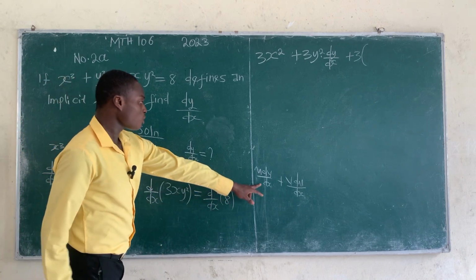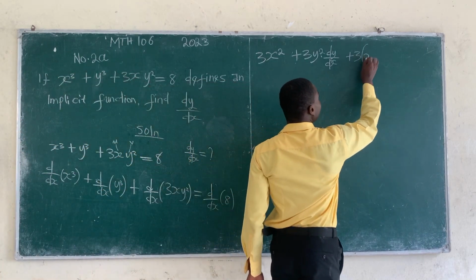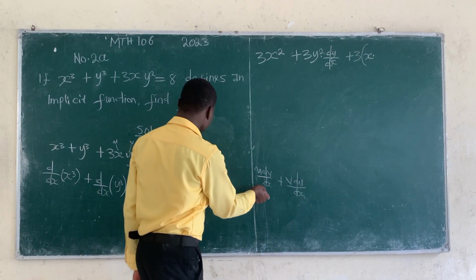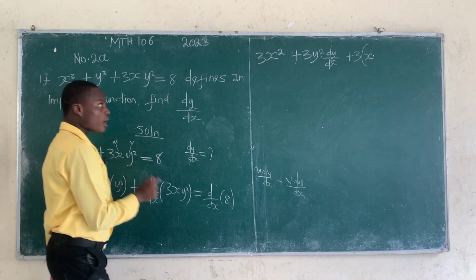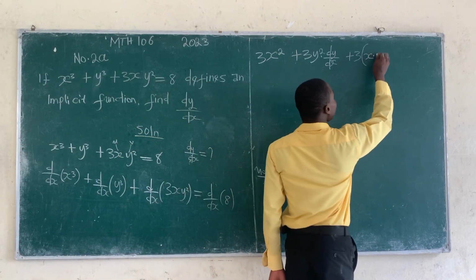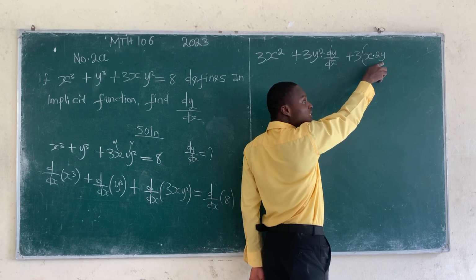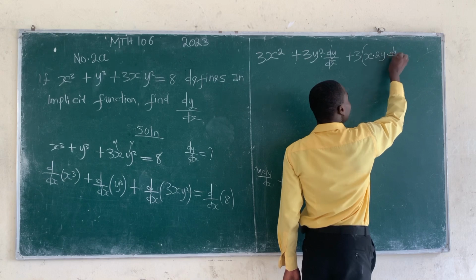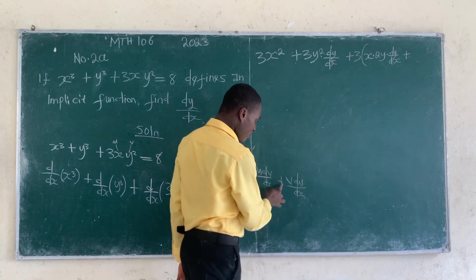So applying this product rule, u there is x, so we are going to write x, then multiply by dv dx, which simply means differentiate v, and v is y square. If you differentiate y square, you have 2y. So what we have here is 2y. But don't forget, because you are differentiating the dependent variable y, you have to attach dy dx from the chain rule, and then you add plus v.